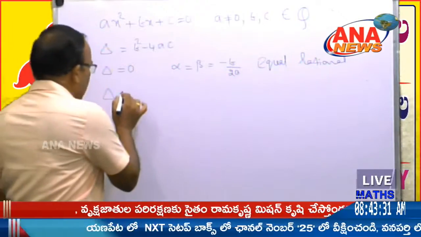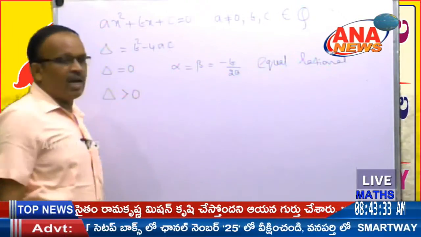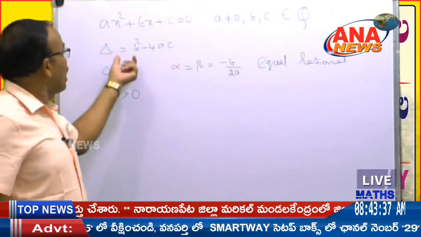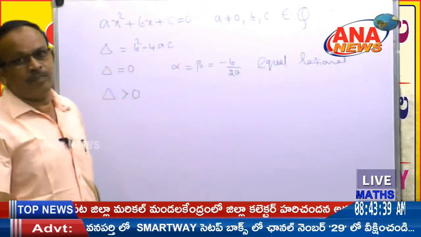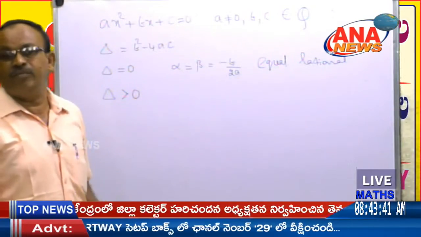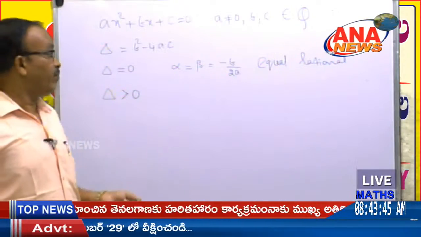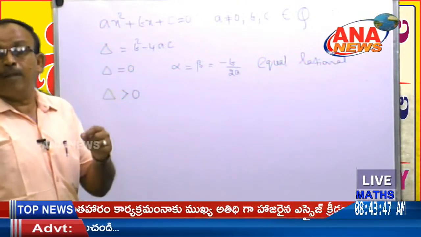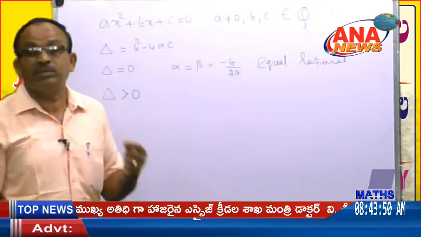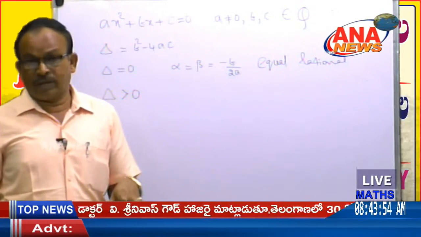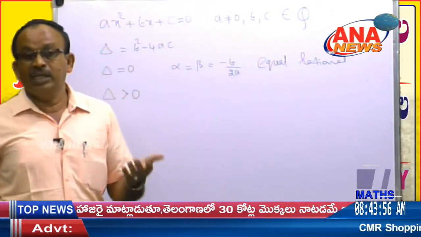If delta is greater than 0, delta is b square minus 4ac. If it is positive and a perfect square, perfect square means what? 1, that is 1 square, 4, that is 2 square, 9, that is 3 square.